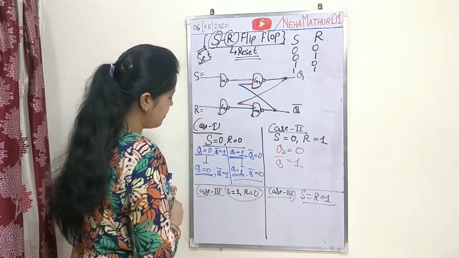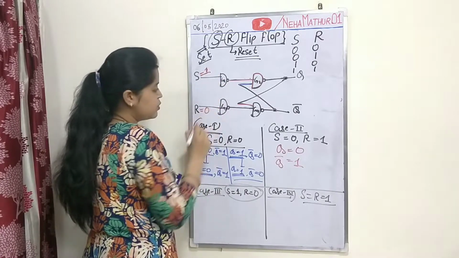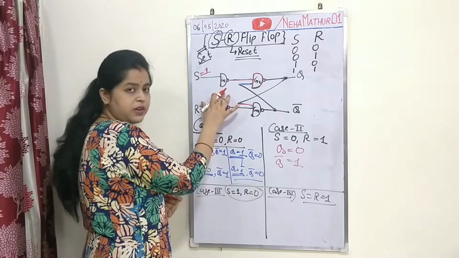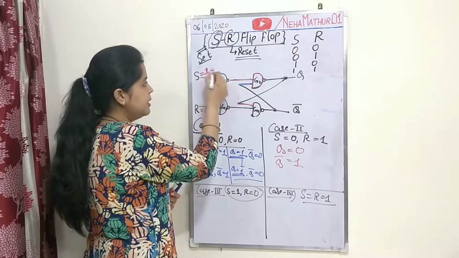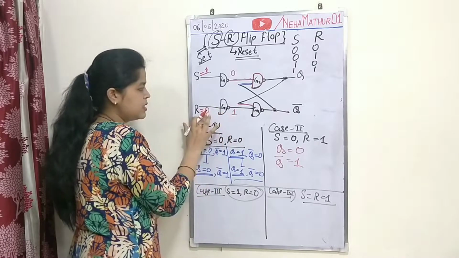Now come to the third case. In the third case, you have S is equal to 1 and R is equal to 0. Now the output of G1, its complement, will be 0. Similarly, the next will be 1 because the input is 0.